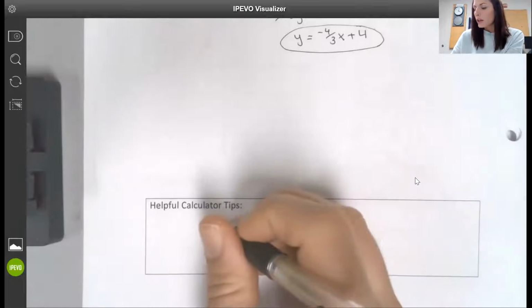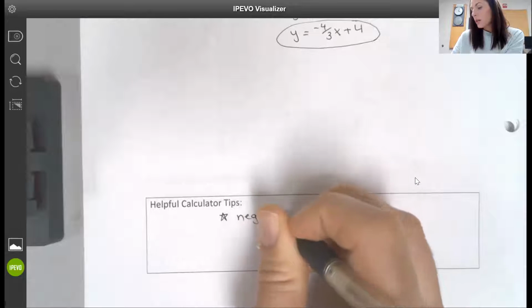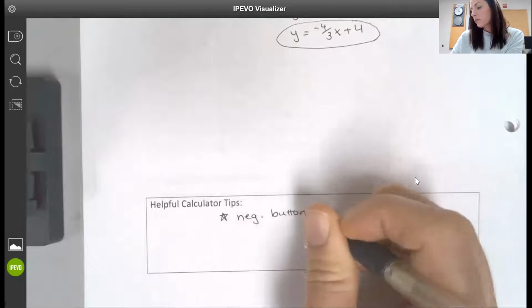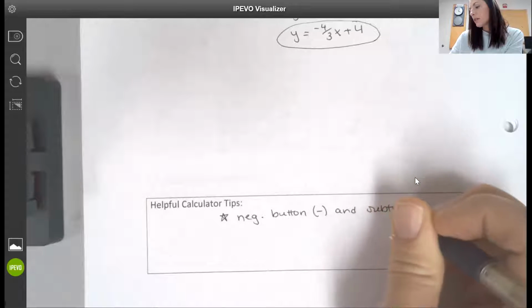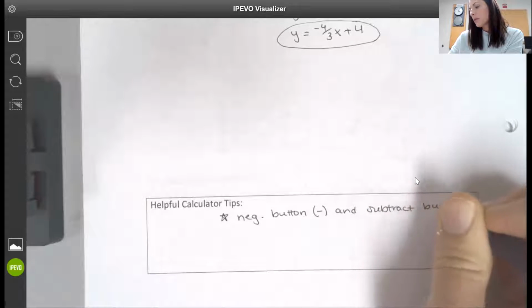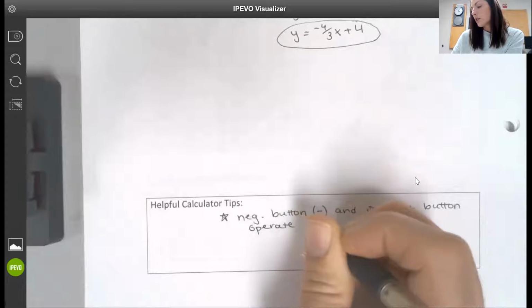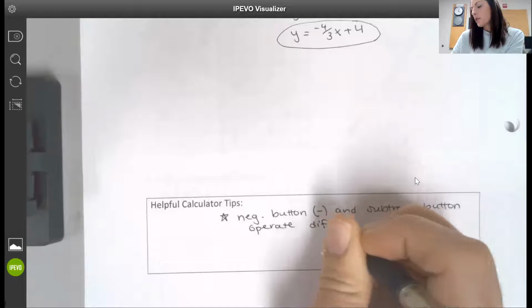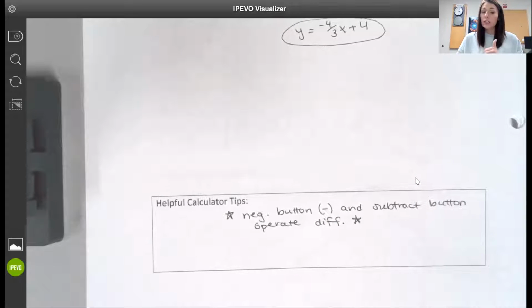But one important thing is that the negative button and the subtract button operate differently. Okay, so many times you get an error because you put subtract instead of actually hitting a negative button.